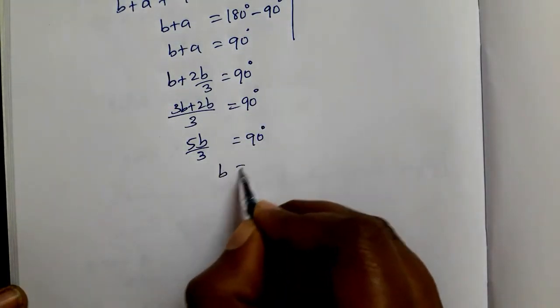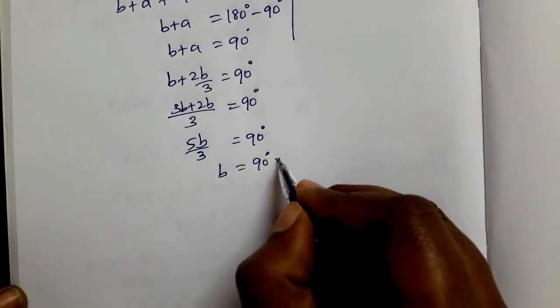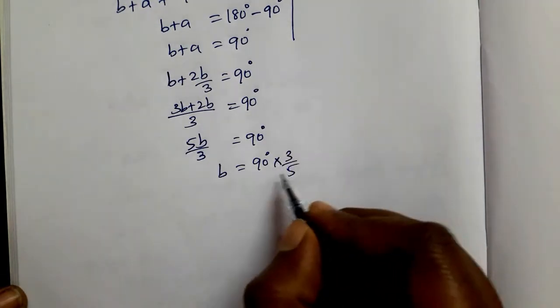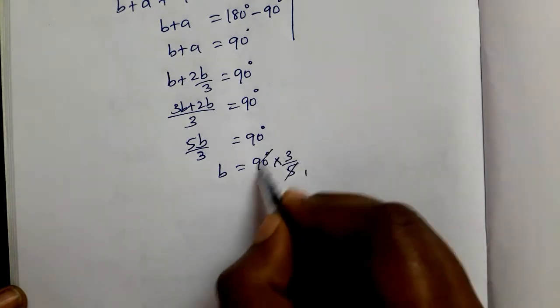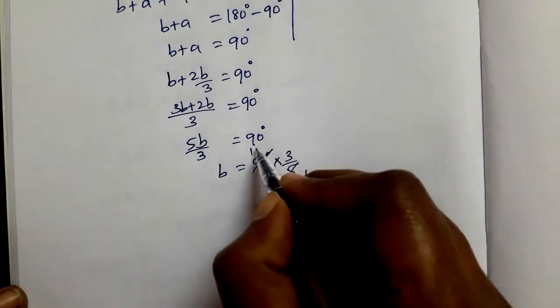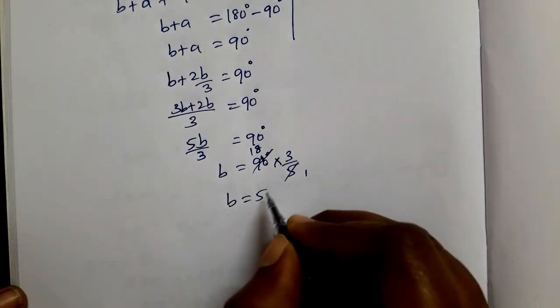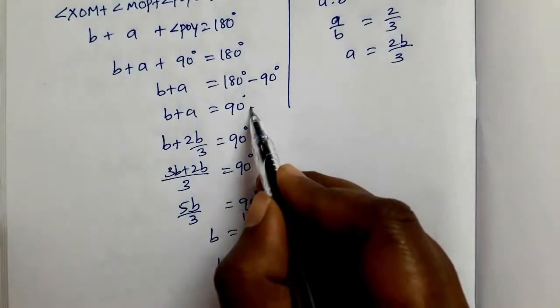Now b equal to 90 degree. This 5 by 3 becomes that side, 3 by 5. Do the cancellation here. 1 5s are 5, 1 5s are 5, remaining here 4. So we will get 40. 8 5s are 40. 18 into 3 we will get 54. So b value 54 degree. This is considered equation 1.